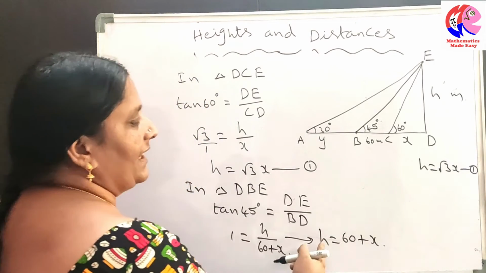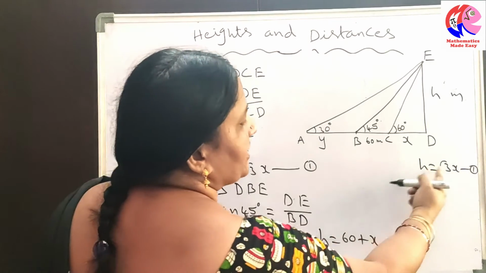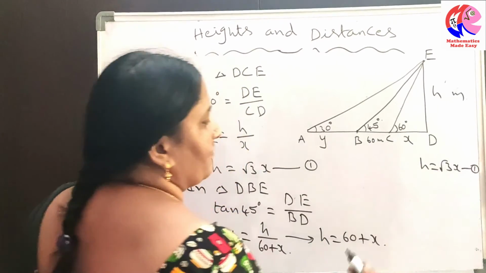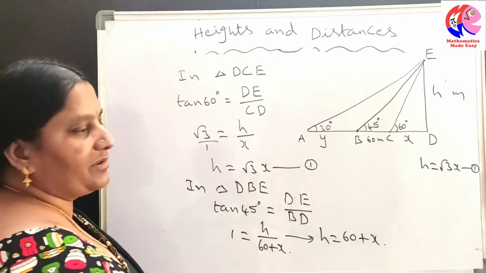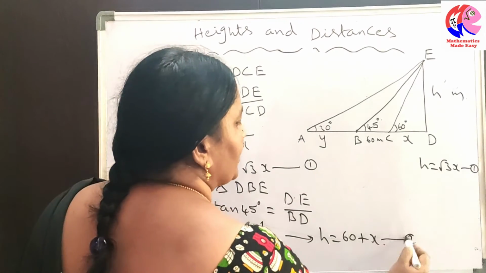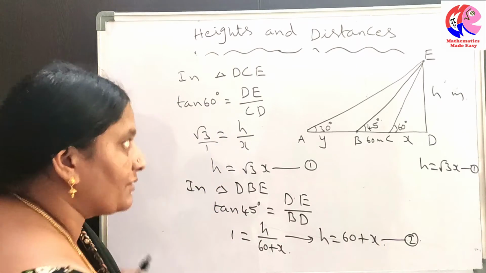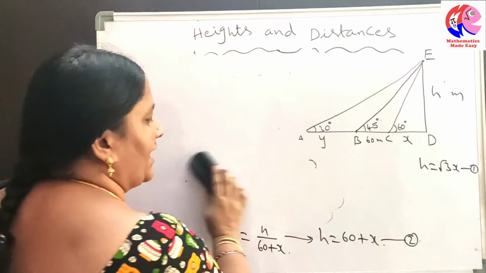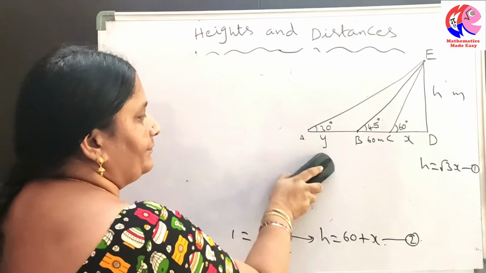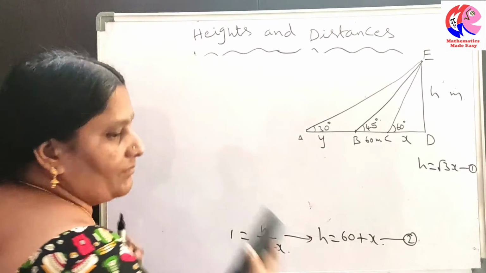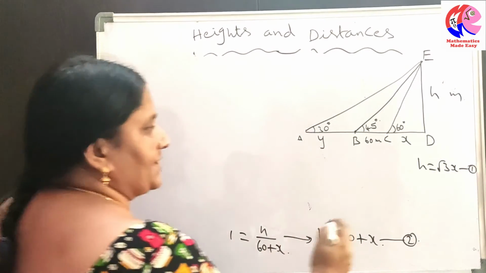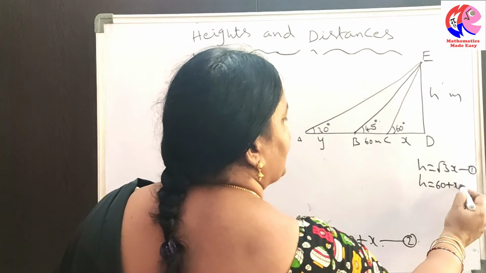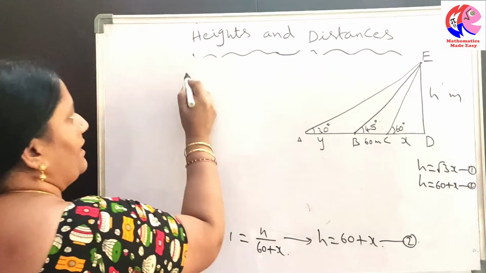Now we can write H is equal to root 3x from equation 1 and H is equal to 60 plus X, this is the second equation.